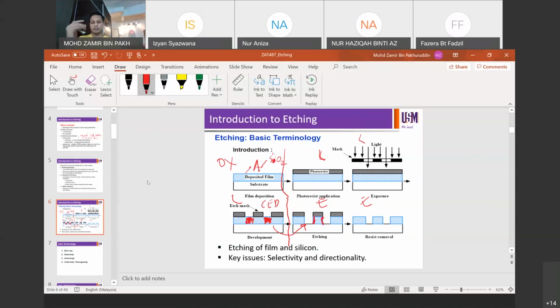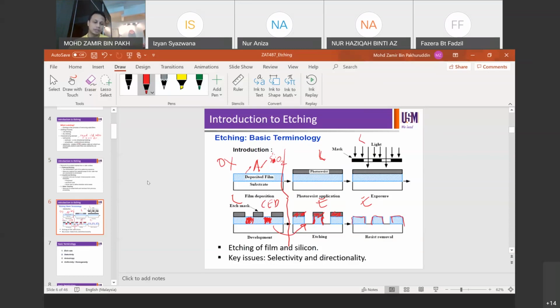Then you remove the etching, and then eventually, after you've got your oxide patterns, your next step is to remove the resist mask. You remove this one, you etch this one, then you're going to be left with patterned oxide, for example. Remember last time, I did ask you how you pattern your oxide, and we're going to learn in our next topic.